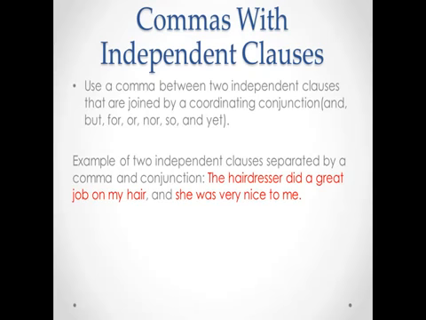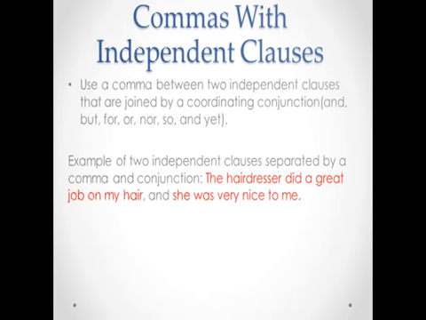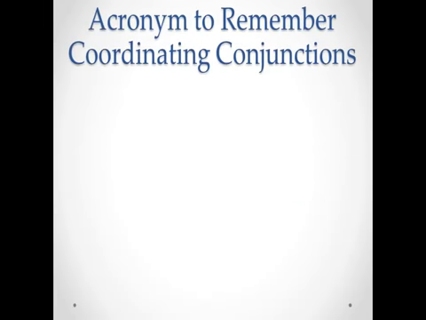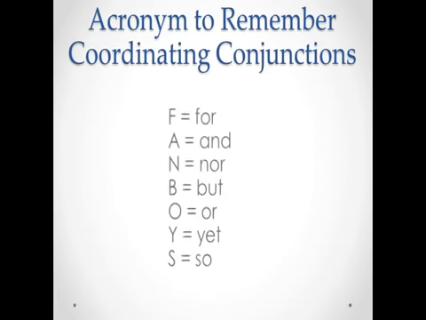So I could put periods there, but putting a comma with a coordinating conjunction connects the two ideas together. So again, a good way to remember your coordinating conjunctions is by using the acronym FANBOYS: for, and, nor, but, or, yet, so. Write that down.